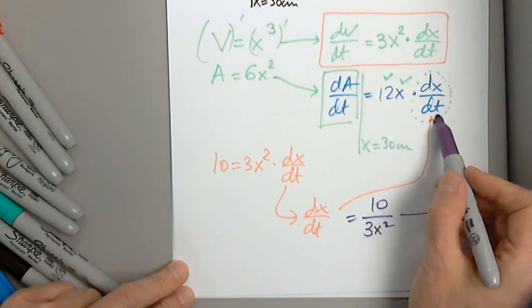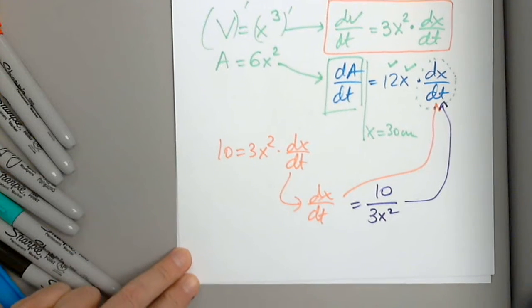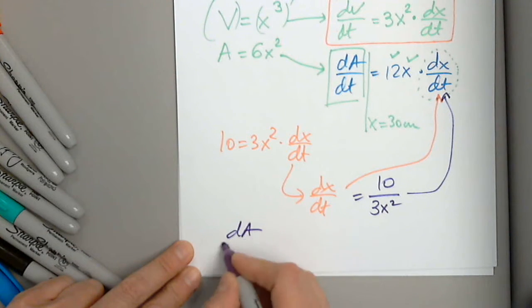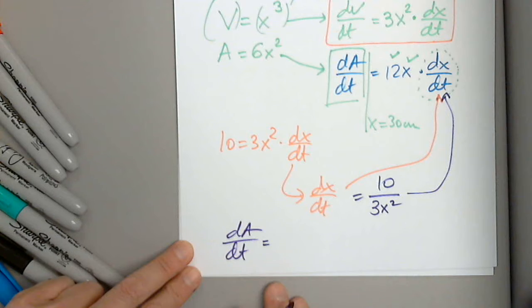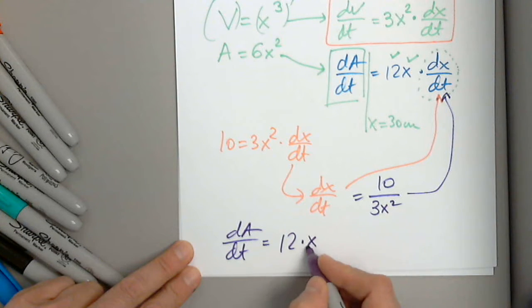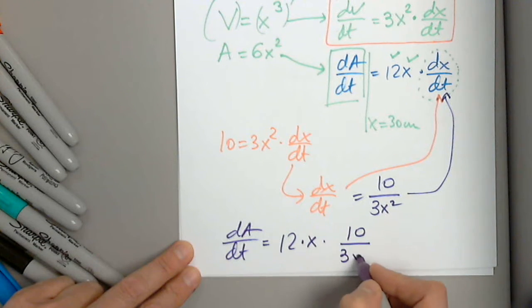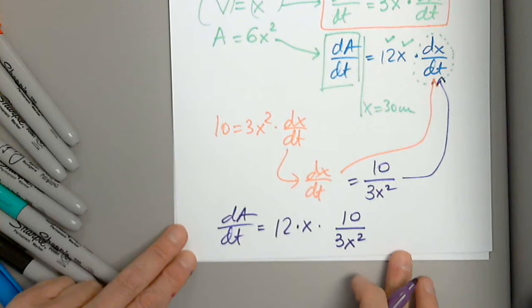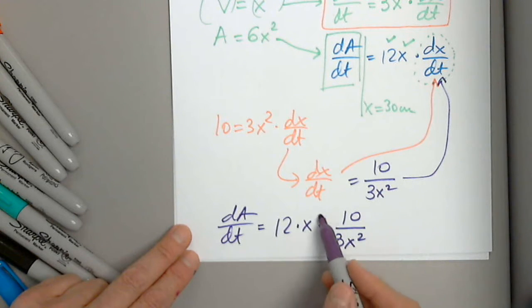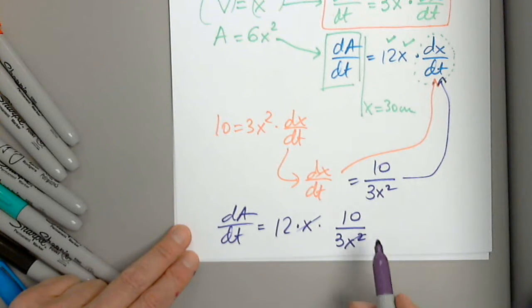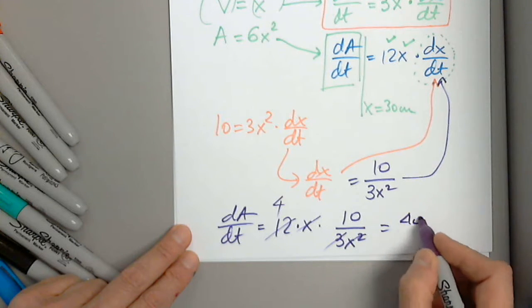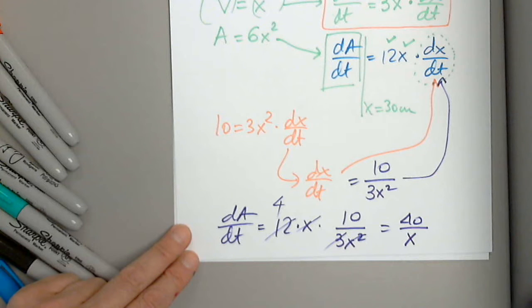And I will go back in here and replace dx over dt. So then dA over dt equals 12 times x times 10 over 3x squared. And you know me, I'm going to simplify first. x with x, 3, and get a 4. So then the top is 40 and the bottom is x.